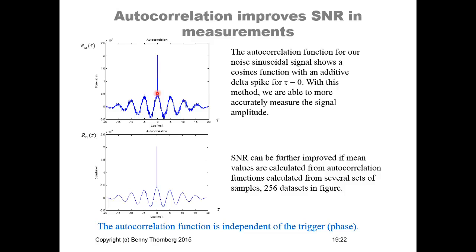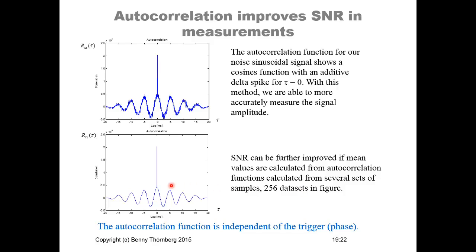It is also possible to further separate the noise from the signal by computing the mean value of the autocorrelation function for a number of data sets. In this example, we have been analyzing 256 data sets, being the autocorrelation from the noisy signal on the previous slide.